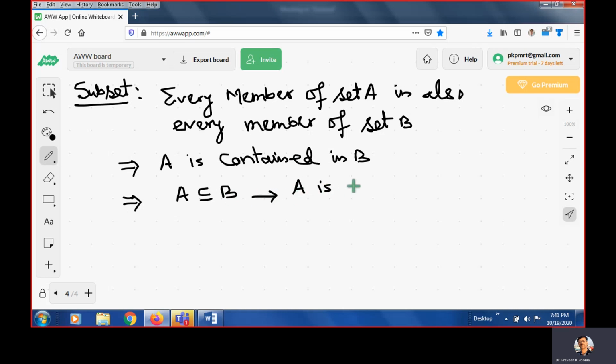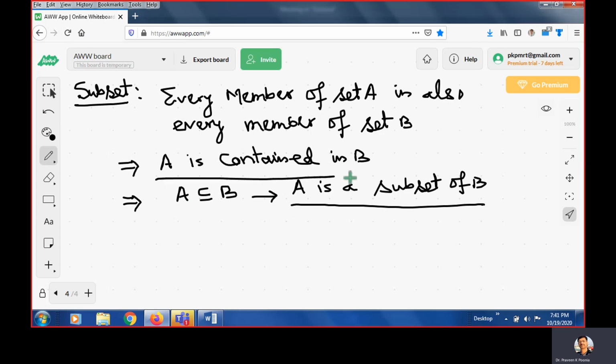A is a subset of B. Clear? A is contained in B means all the objects of A are in the objects of B. And how to pronounce it? It is A is a subset of B, or A is contained in B. You can pronounce both of these.